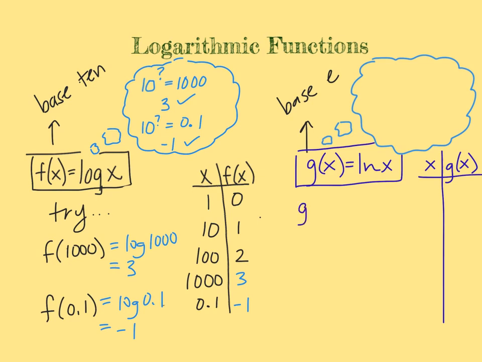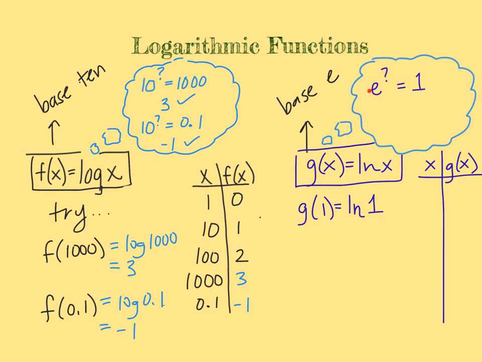Let's try g of 1. So g of 1 would mean what's the natural log of 1? So our thought process is going to be, since it's base e, e to the what will give us 1. Again, because I'm trying to figure out what is the natural log of 1, the base is e, and logarithms are exponents, so I'm looking for what is the exponent that if I raise e to it, I'll get a 1 out.